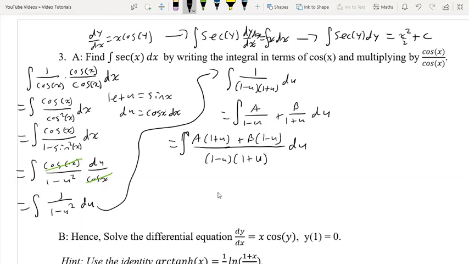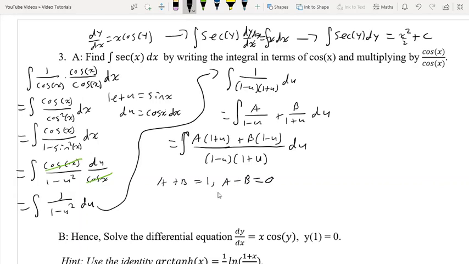So now what we can do is we can re-expand, and we know that ultimately our top part will have to simplify down to 1. So we're going to end up getting a plus b is equal to 1, and a minus b equals 0. Because the term that has u is going to have to be equal to 0, so that's why you get this a minus b equals 0.